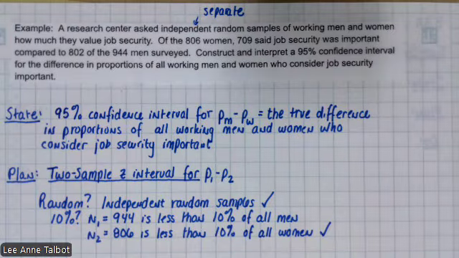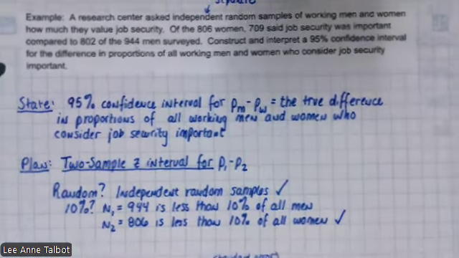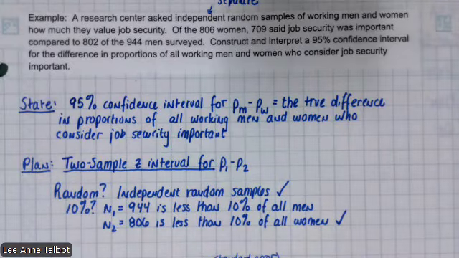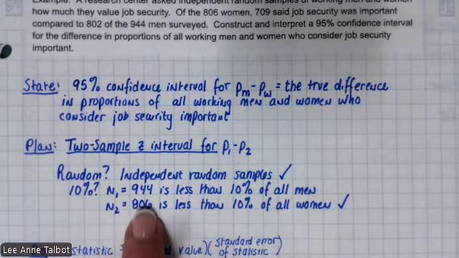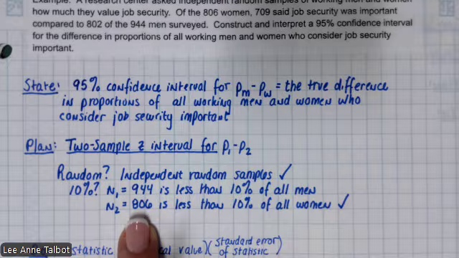Do we agree with that statement probably? I think so. I think that we can safely say that there's more than 9,440 men and 8,060 women.